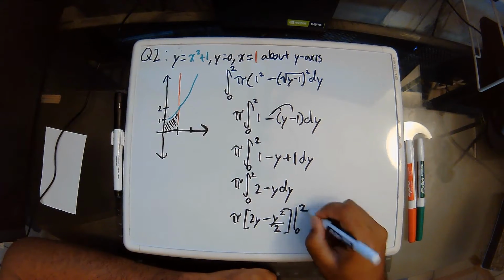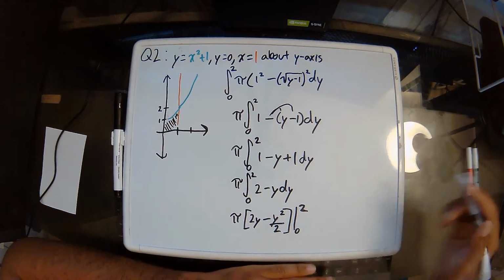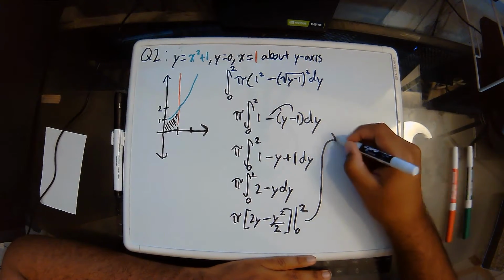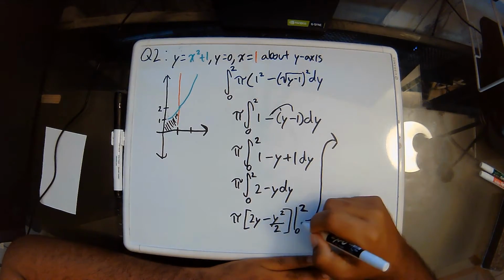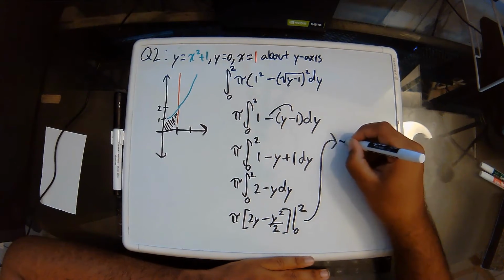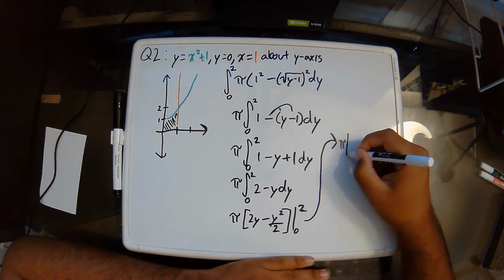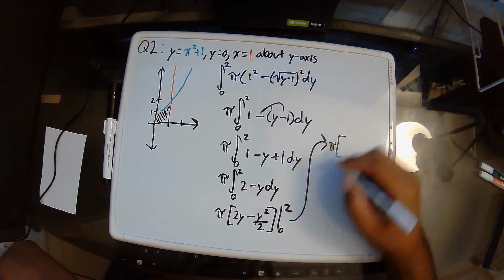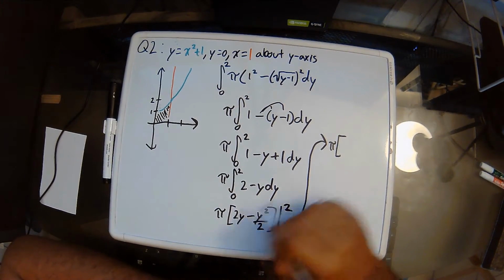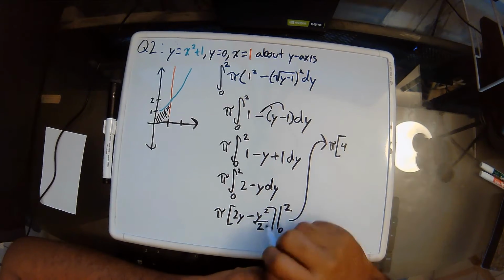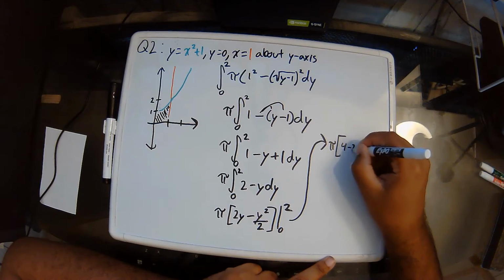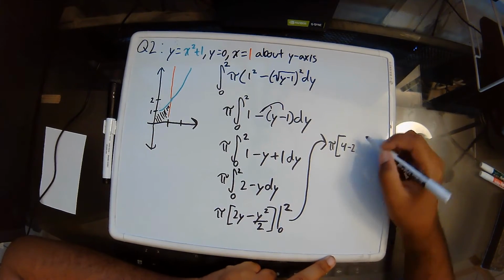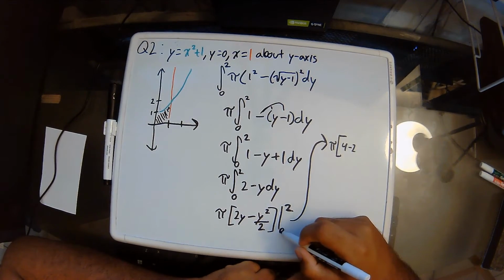And now we just plug in our values. I'm going to plug in up here. So if we plug in 2, we get 2 times 2 is 4. 2 squared is 4, divided by 2 is 2. We just get that.